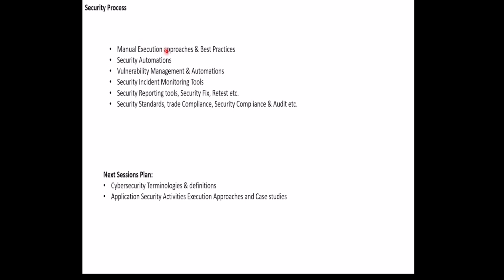For example, manual execution approaches, best practices, security automation, vulnerability management and automation, security incident monitoring tools, security reporting tools, security fix and retest in the development life cycle, security standards, trade compliance, security compliance and audit. All these aspects we can see in the course.